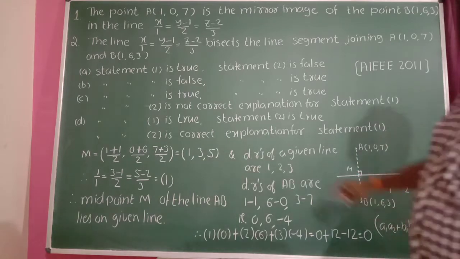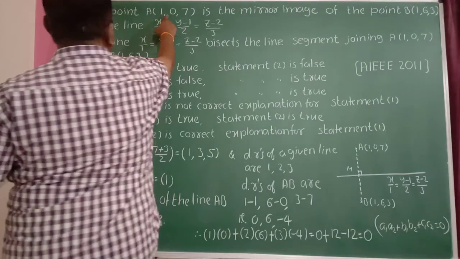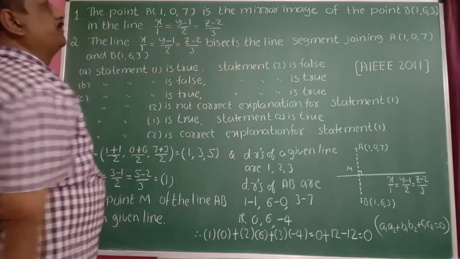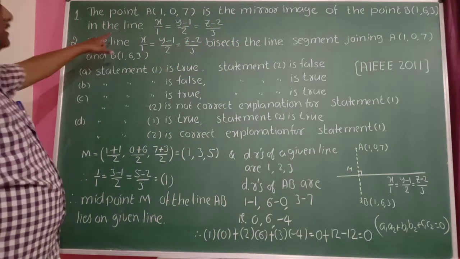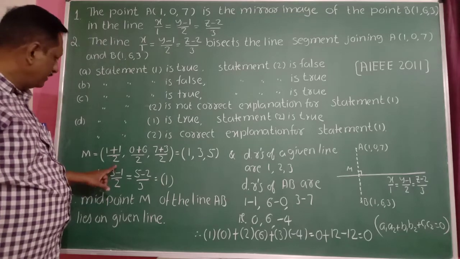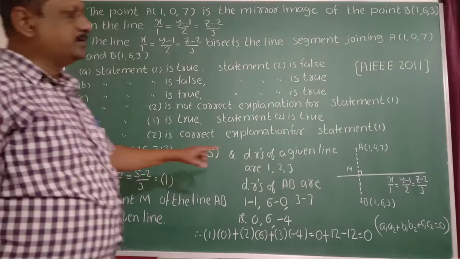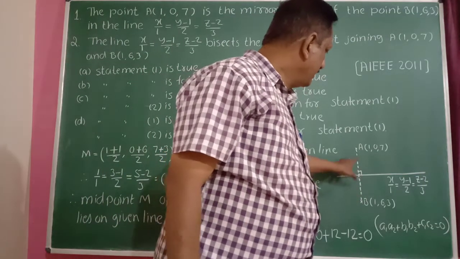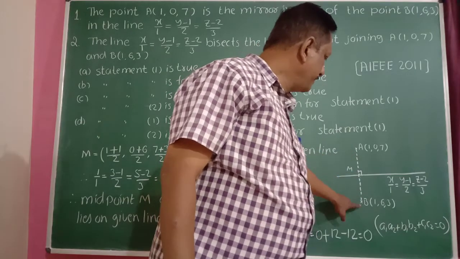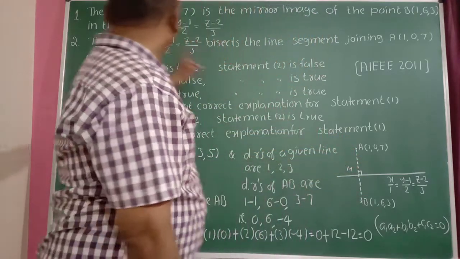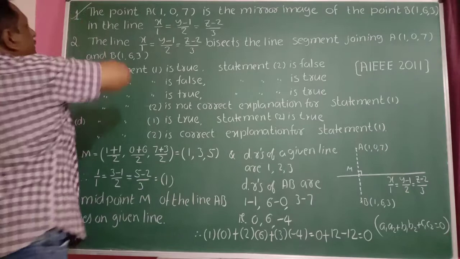Hence, the point A(1,0,7) is the mirror image of the point B(1,6,3) in the line, because M lies on the line here. Then obviously A is a mirror image of B, and B is a mirror image of A. Statement 1 is correct here.